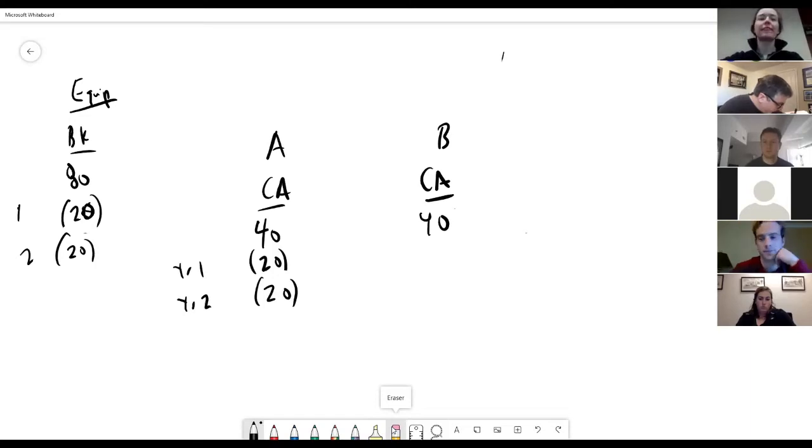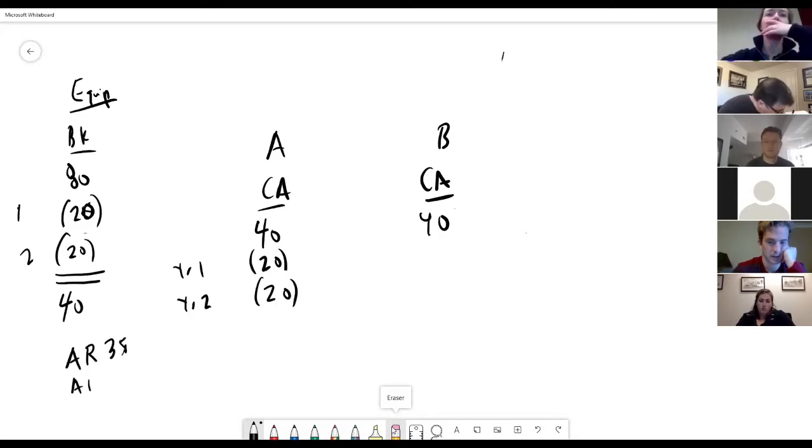I would go to year 3, and on January 1 of year 3, the equipment is sold for 35,000. The book value at the time of sale is 40. So the amount realized is 35, the adjusted book value is 40, so we have 5 of loss.